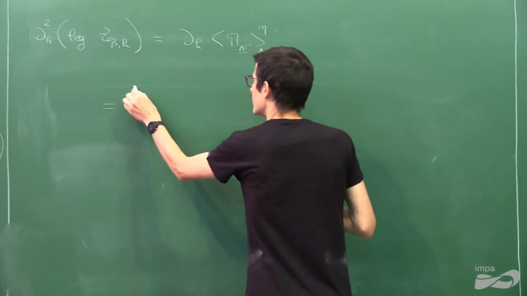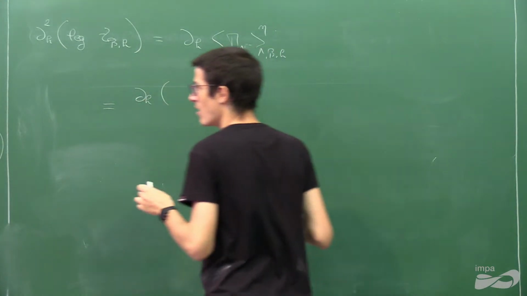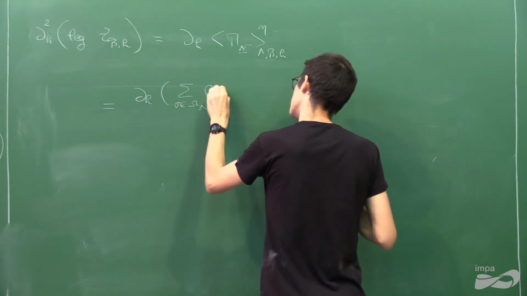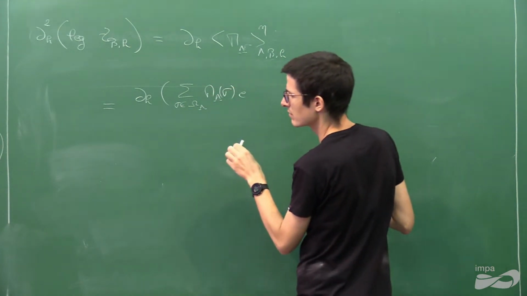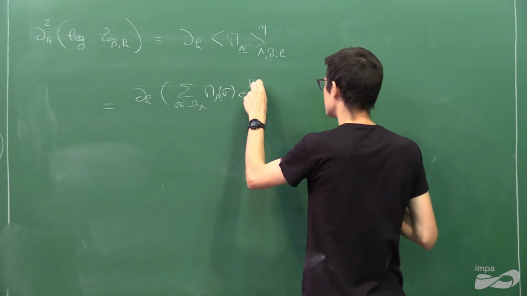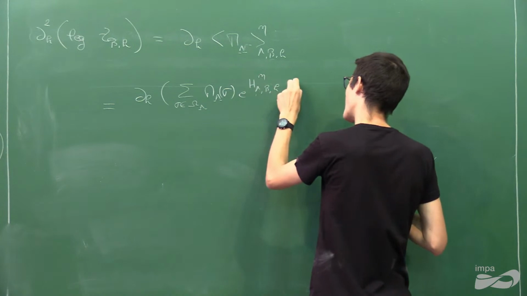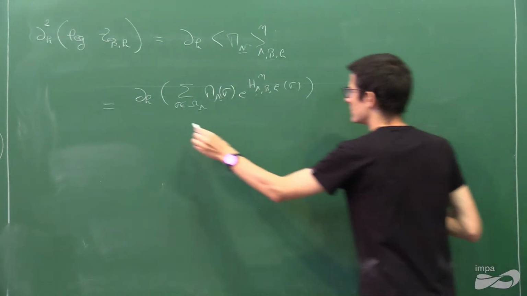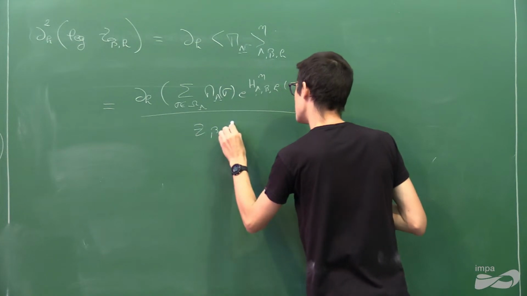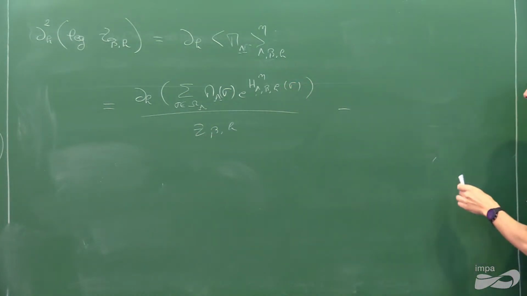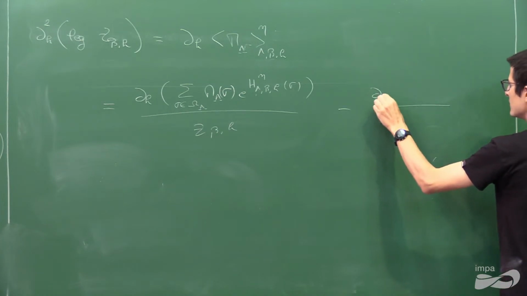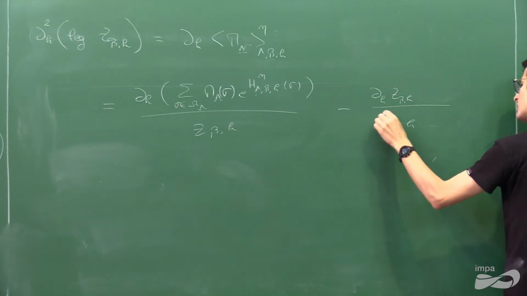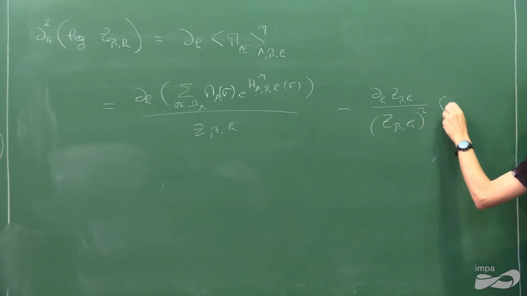So I have the derivative with respect to h of the sum over sigma in omega lambda of m lambda of sigma exponential of lambda beta h over z beta h, and then I obtain minus d h z beta h over z beta h square times this.